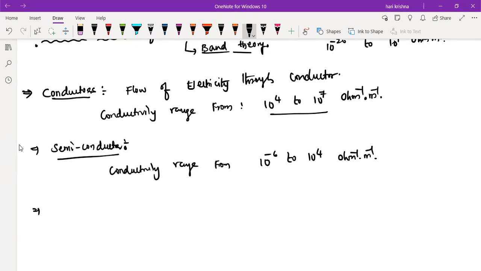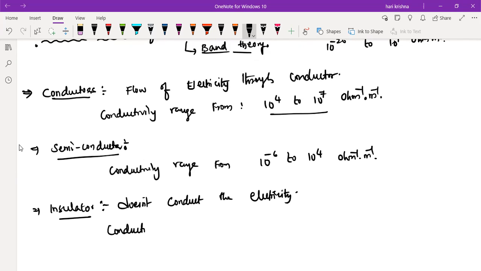Okay, and the last topic is the insulators. What is the meaning of insulators? Does not conduct electricity, right? Does not conduct electricity. So which will have the conductivity range from 10 power minus 20 to 10 power minus 10.